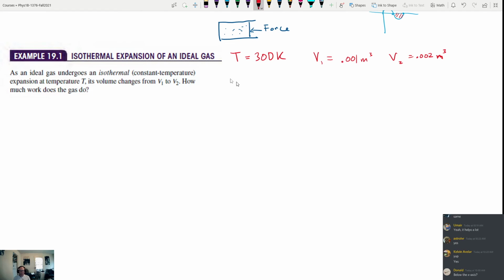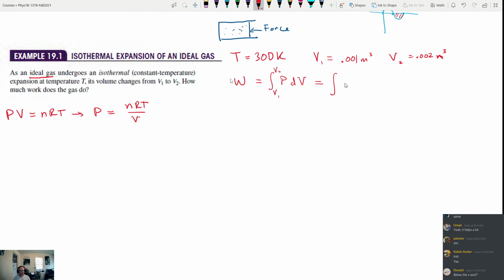So we learned that the work done is equal to the integral of the pressure with respect to the volume, and we have to integrate from volume 1 to volume 2. For the pressure, we replace it with something in terms of volume. It's an ideal gas, and we know that PV equals nRT, which means that the pressure is just nRT divided by the volume.